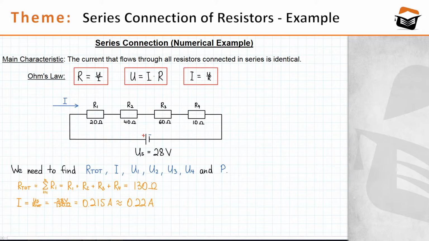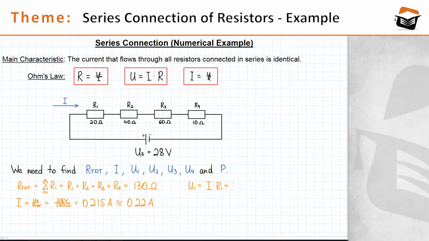Now, the voltage drops across each individual resistor. The equation to compute them is here. U is equal to I times R. For U1, the voltage drop across the resistor R1 is equal to the product of the current and the resistance R1.